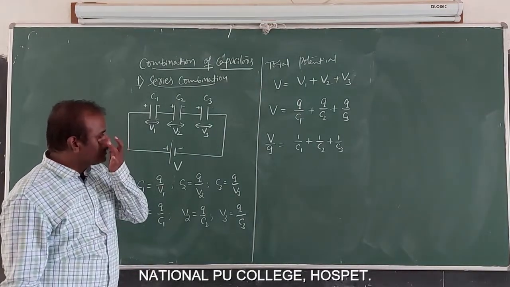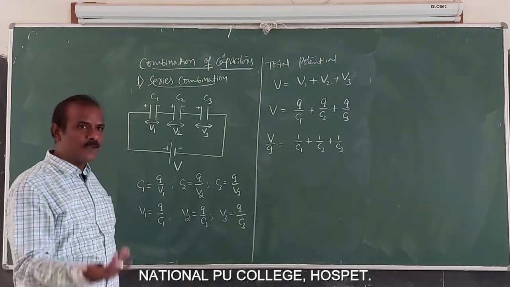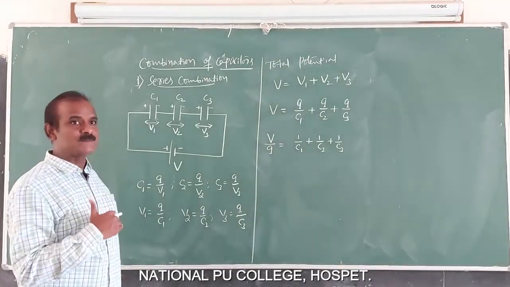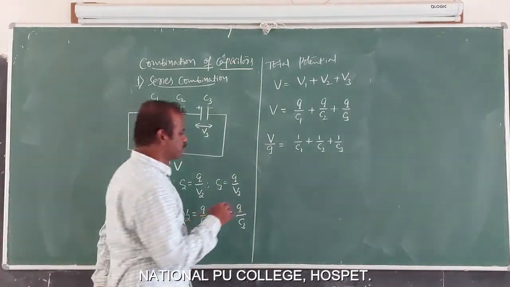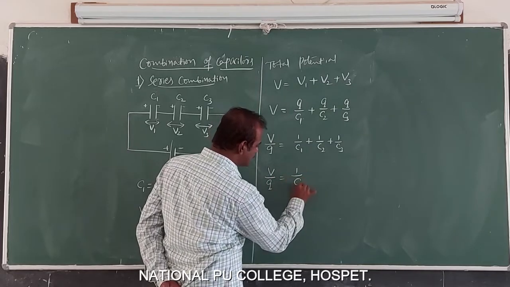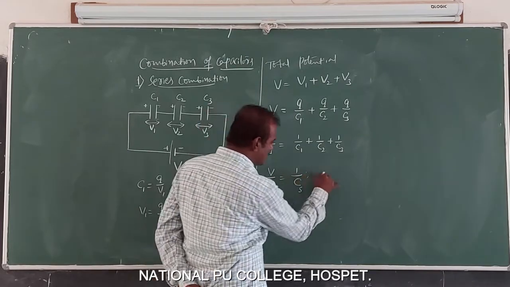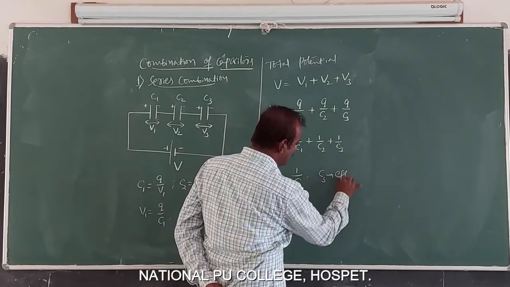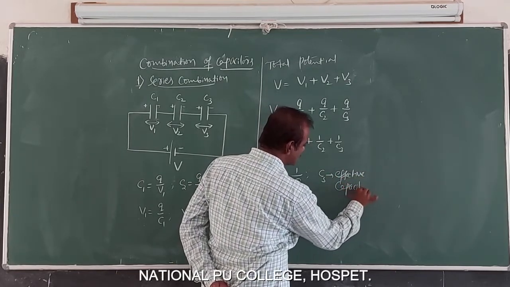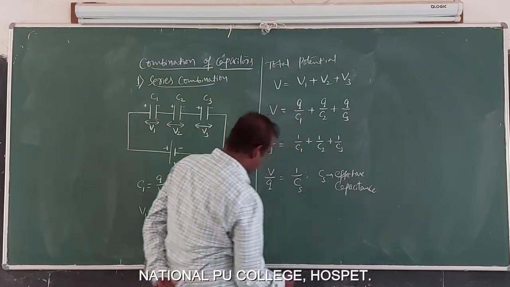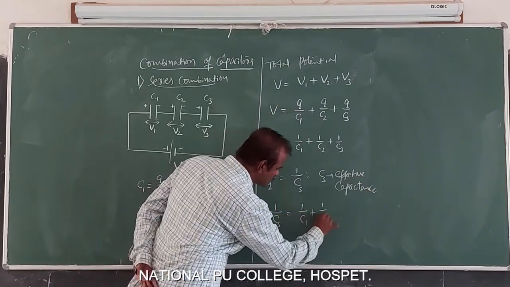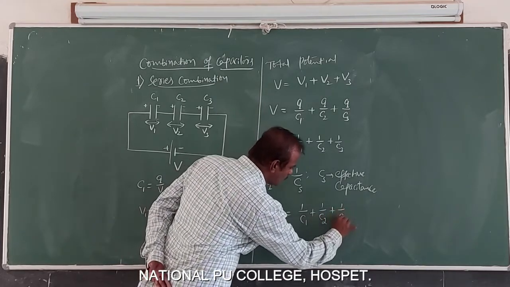So by definition, V by Q must be equal to 1 by C, where C is the total capacitance. I write this as CS, which denotes the effective capacitance. That is, 1 by CS is equal to 1 by C1 plus 1 by C2 plus 1 by C3.